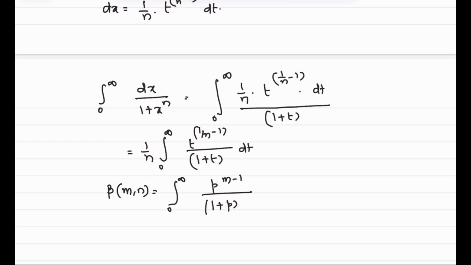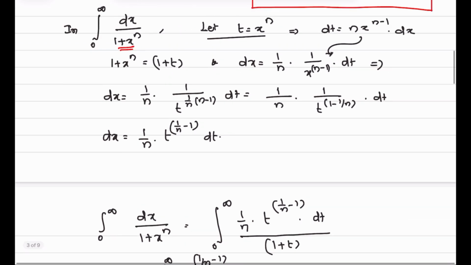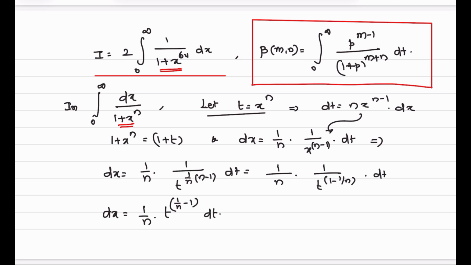Again we are making the same mistake, it should be dp, not dt. When we have taken the variable as p, it should be dp.